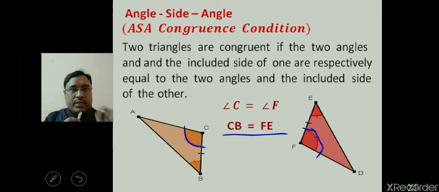You should take the names of the sides according to the corresponding vertices. If you start from angle C, which is the greatest angle by the appearance of the triangle, then CB, so here also you should start from F, because F is the greatest angle in the second triangle.